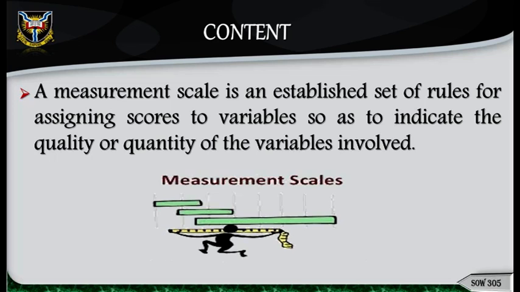Content. A measurement scale is an established set of rules for assigning scores to variables so as to indicate the quality or quantity of the variables involved. A good measurement scale provides assignment of numbers to represent all potentially observable values of variables and also provides for exclusiveness in the assignment of numbers to the observed quality or quantity of the variables.